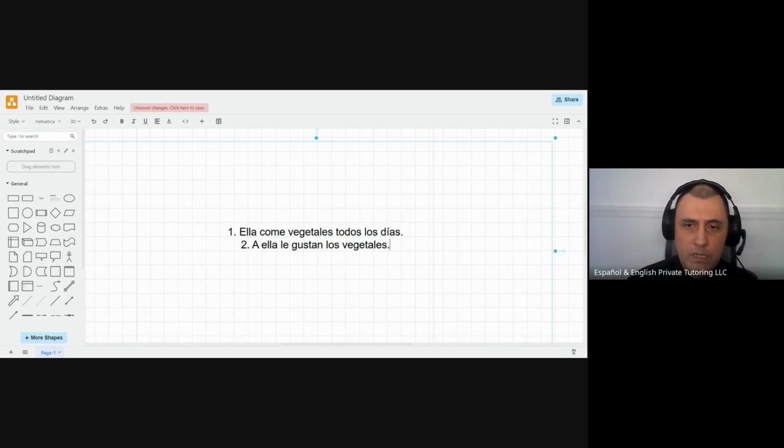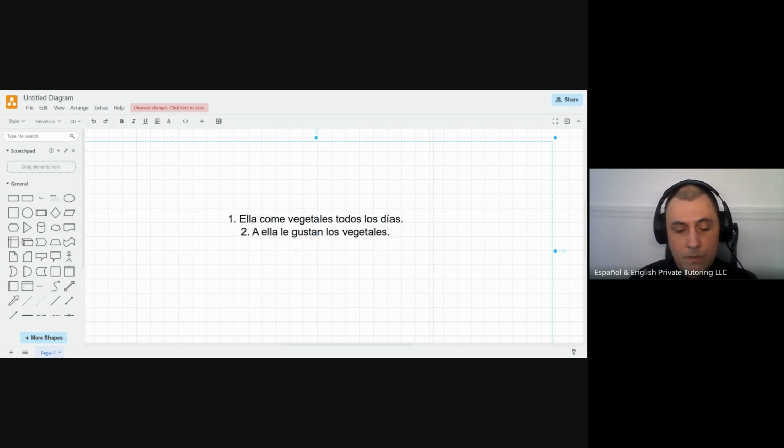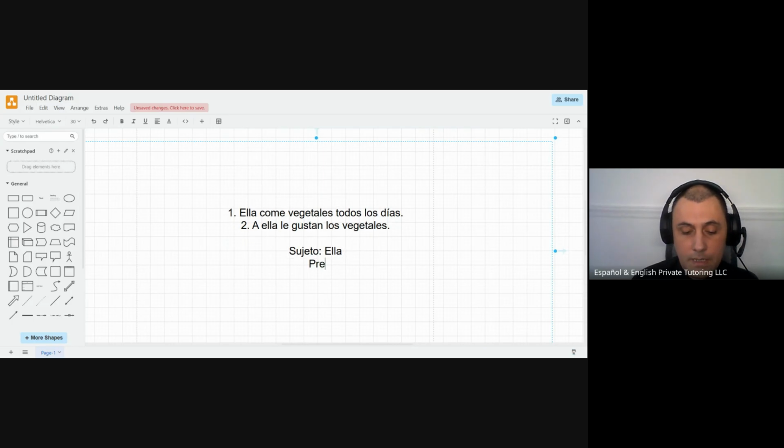According to this information, the first sentence has a subject and also a predicate. For the first sentence, the subject, sujeto, that's how it's called in Spanish, is ella. And what is the predicate? Predicado in Spanish. The predicate is come vegetales todos los días.